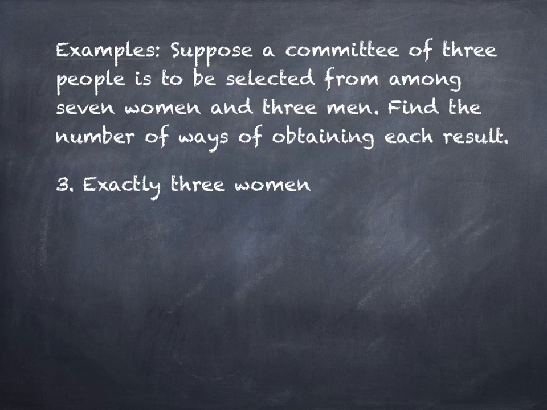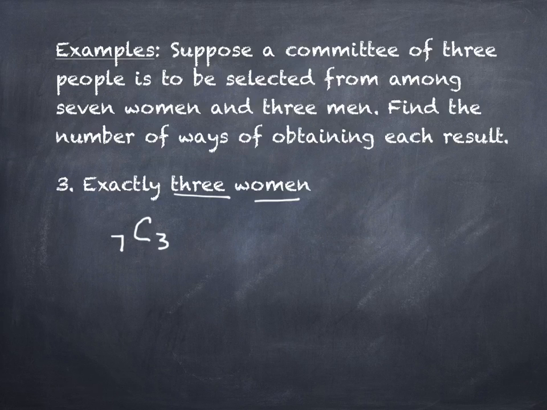How do I find that out? That is 7C3. Where did you get the 7 from? It's the number of women, right? We're talking about how many women we're picking from. We've got 7 of them. You bet. And the 3 came from the fact that we want to pick 3.